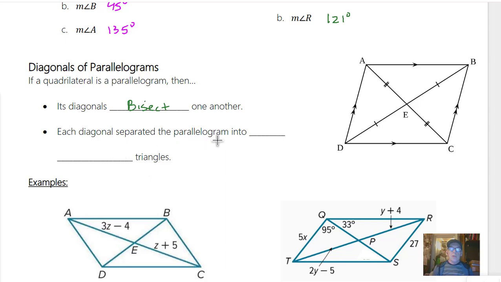Each diagonal separates the parallelogram into triangles. Using side-angle-side, we get 4 congruent triangles.